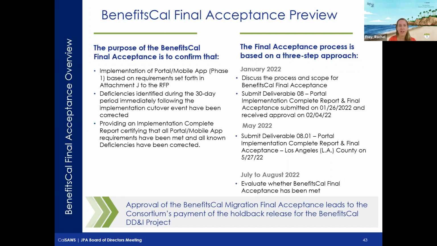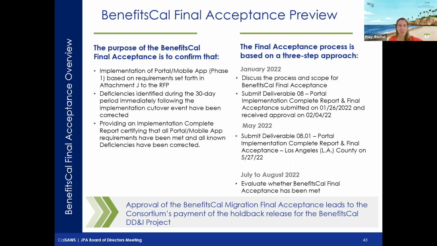Second is that any deficiencies identified in the 30-day period immediately following implementation cutover have been fixed. And one thing I want to mention here is that the initial final acceptance was planned based off of that period of time post-September.